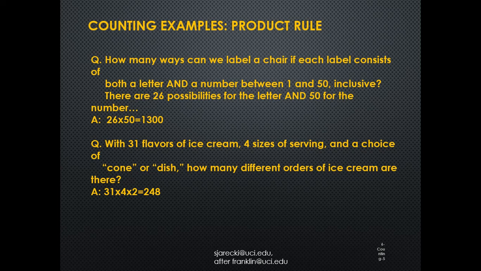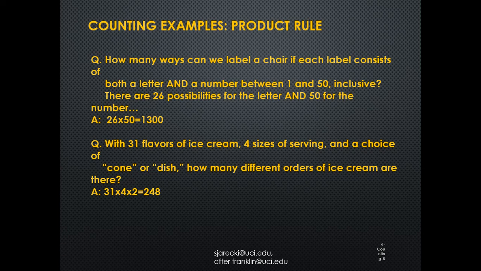This is also an application of the product rule. So 31 times 4 times 2 is equal to 248 ways. The 31 represents the flavors of ice cream. Then 4 represents the sizes of serving.